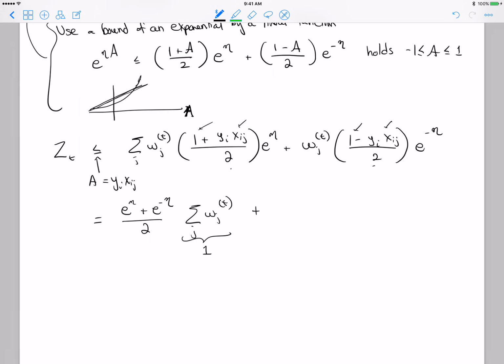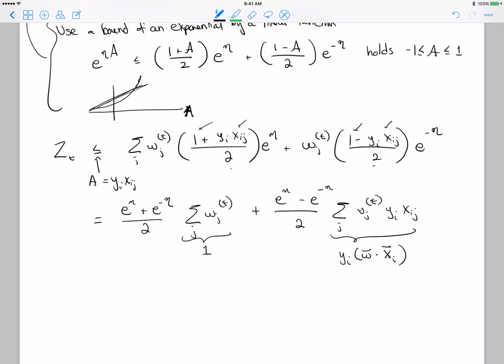Okay, so let's do that again. e to the eta minus e to the negative eta over 2, sum over j, wjt, yixij. All right, so what do we know about this? Well, this thing over here is yi times w dot xi. And what do we know about that?